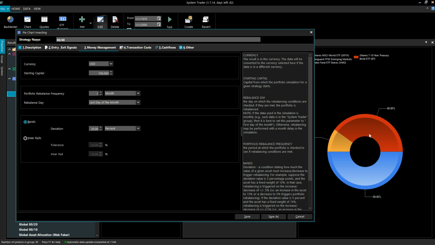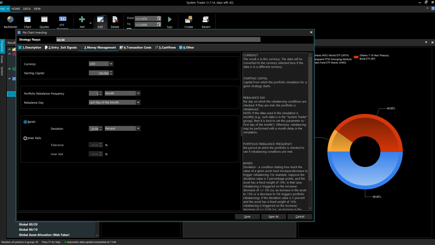So that means, for example, that if we have bonds here, 40%, 20% is 8 percentage points, which means that if the bonds go below 32% or grow above 48%, then we are triggering the rebalancing. So although we are checking every month, it's only triggered conditionally, when the deviation goes beyond that band.